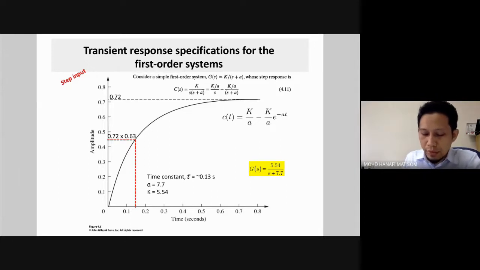Okay, what we can do here is find the time constant. Remember, time constant tau equals 1 over a.